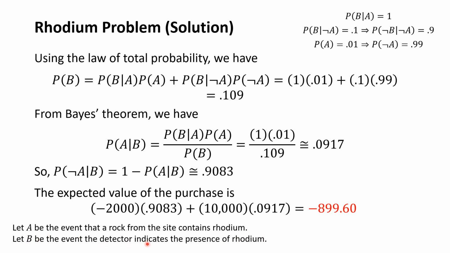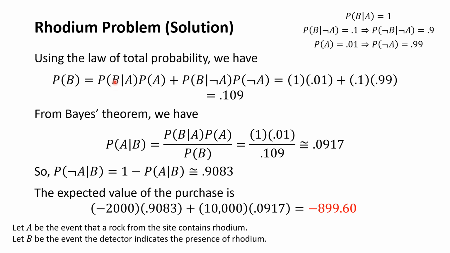So B is the event the detector indicates the presence of rhodium. So either the rock has rhodium or it doesn't. Those are the two cases. So this is the probability that the rock does have rhodium in it and it's detected. And this is the probability the rock doesn't have rhodium in it and yet you get a false positive.